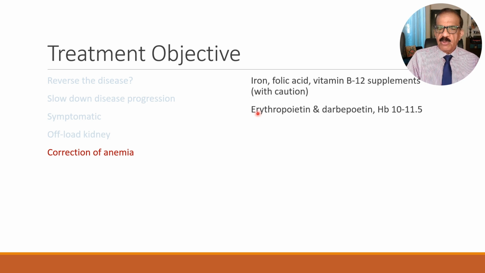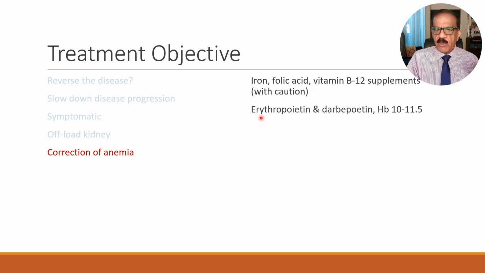But when you give erythropoietin, you must make sure that they are also getting enough supply of these nutrients, because once erythropoiesis starts, the patient is going to need all these ingredients for RBC production and white cell production. So you don't want the treatment to fail because the patient was deficient in these.